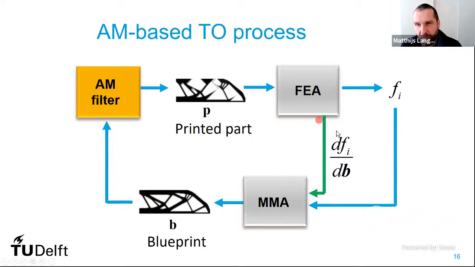So the optimizer will make an effort to actually make sure that this top beam is printable by supporting it, as we will see in the next slide. And in that way, going through this loop and providing also the right information to the optimizer by also calculating the gradients of this printing operation, we can actually arrive at printable designs.